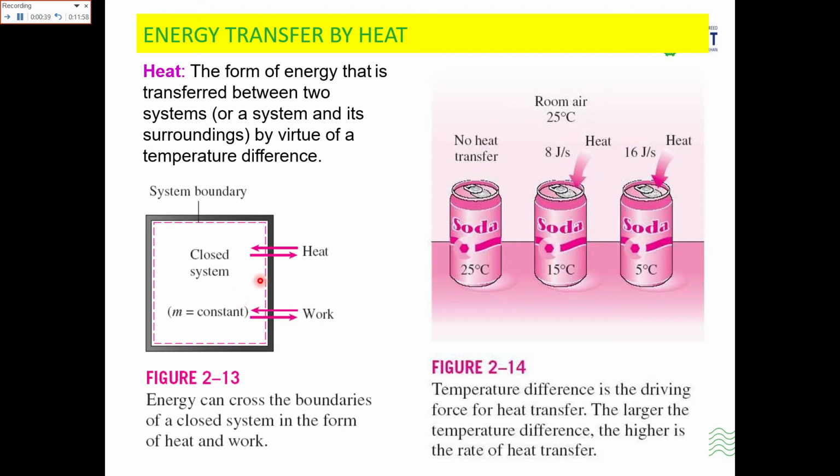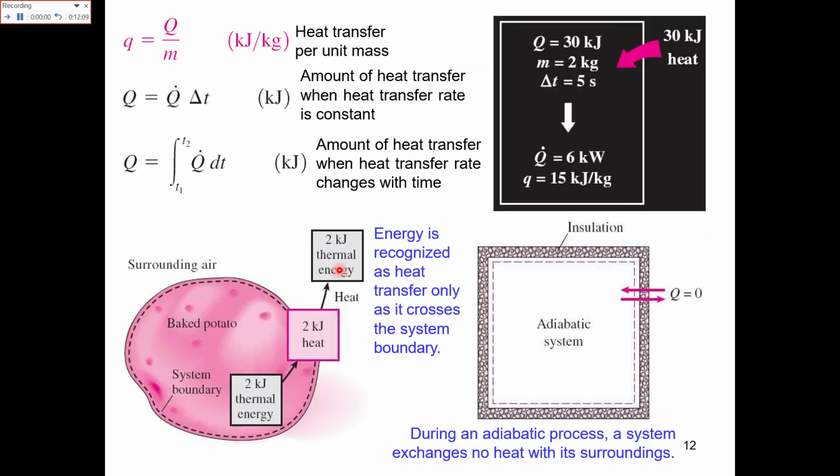Now in a closed system, mass cannot flow across the system boundary, but heat can. So we can say that it is involved in heat transfer. Here the heat transfer per unit mass is given by the small q, which equals Q divided by the mass.